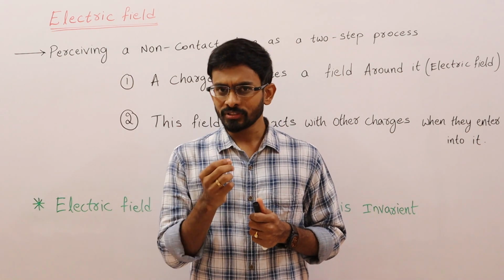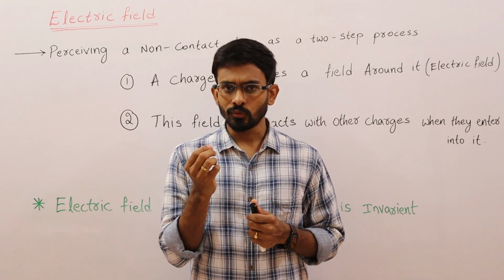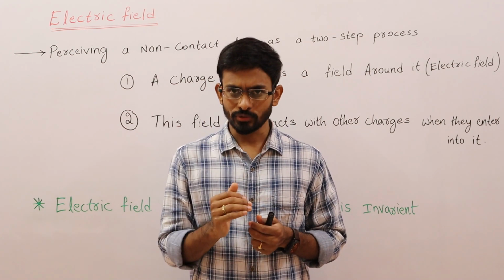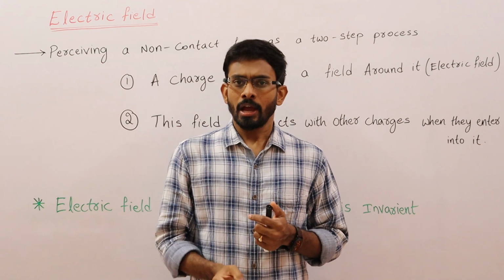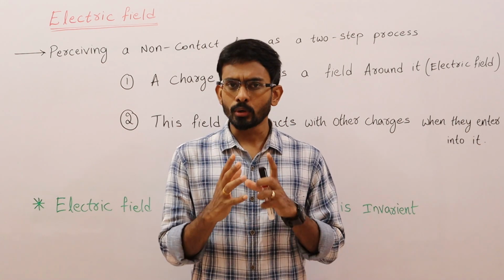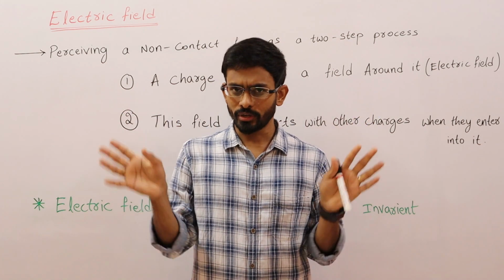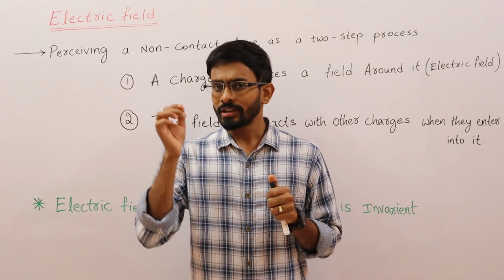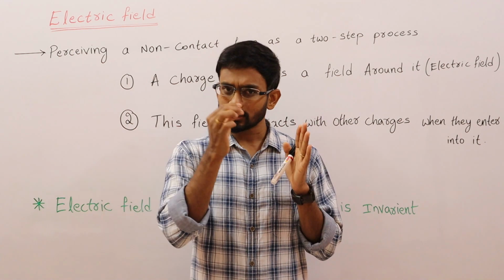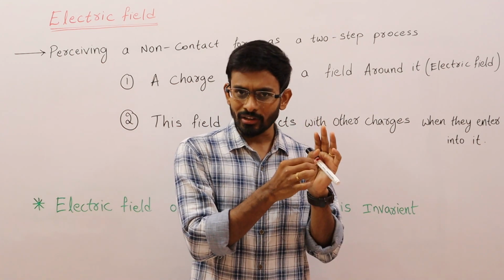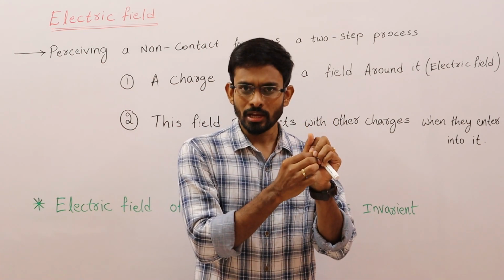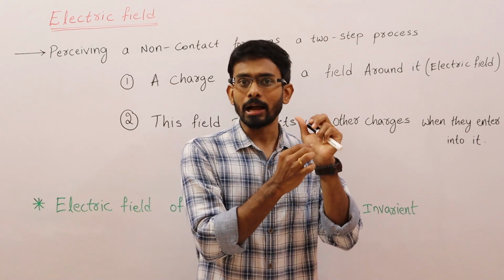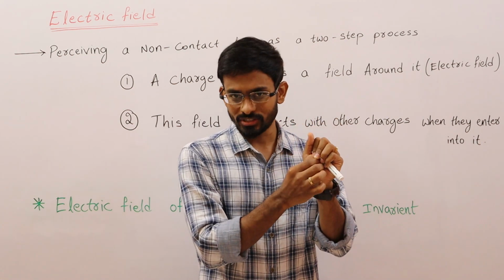Basically, we perceive a non-contact force as a two-step process. The first step: any charge produces some field around it. We term it as electric field. And when some other charges enter this electric field, the field will interact with the charge. It means the field will apply force on the other charges.